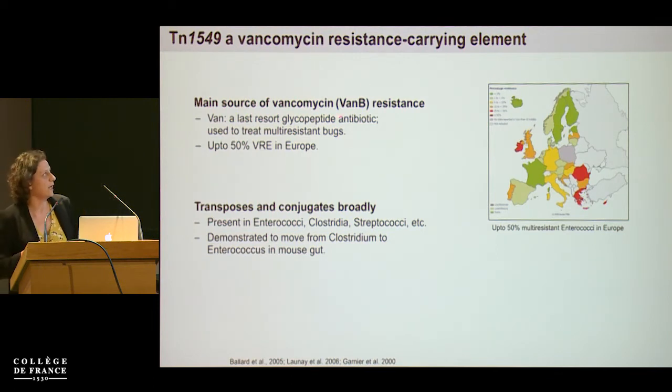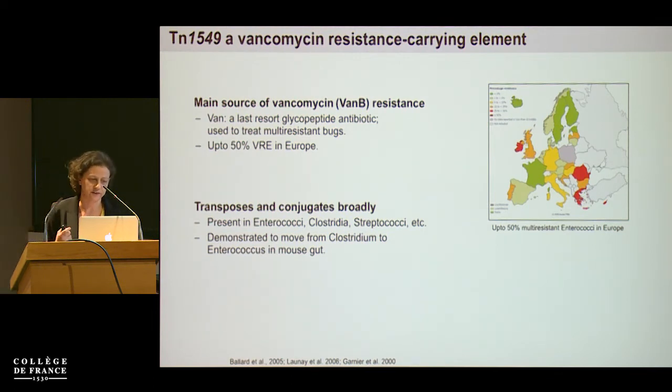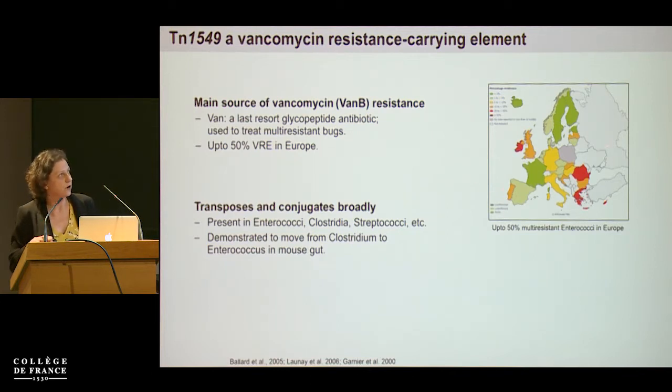It's actually the main source of VanB resistance in clinical isolates of vancomycin-resistant enterococci. What you see on the right side is a map of vancomycin-resistant enterococcus across Europe, and as you can see, in some countries up to 50% of enterococci isolates in the clinic are resistant to vancomycin.